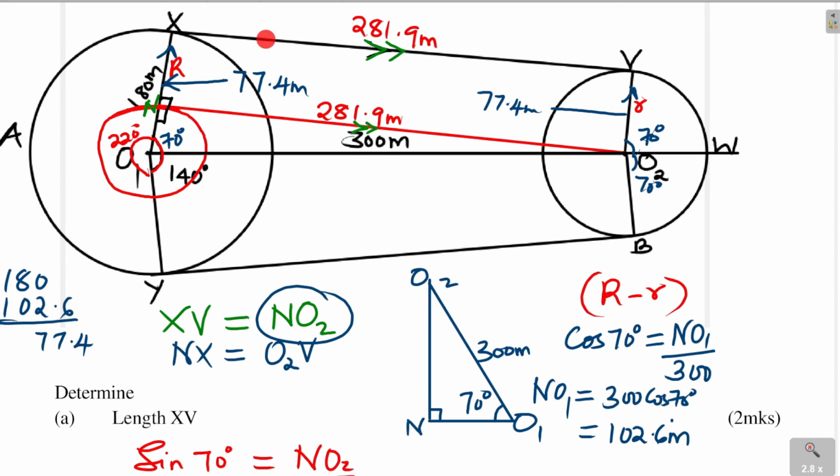You add from X to V, 281.9, which will be the same as YB. So also this one will be 281.9 meters.